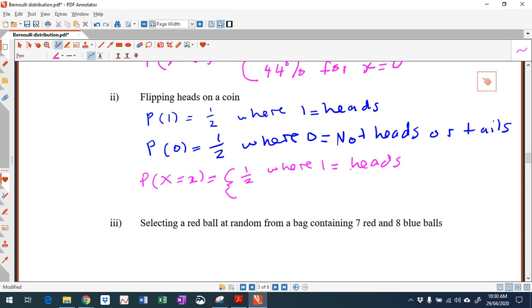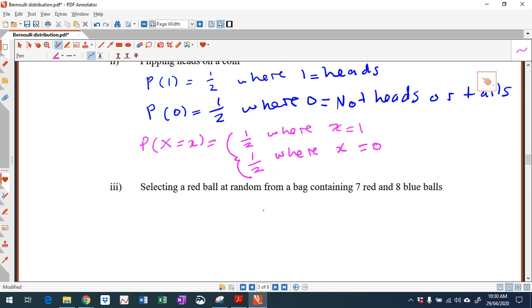Oops, that should be X equals 1, sorry. X equals 1, and the failure part is getting tails, and that's obviously X equals 0. Okay, let's fix up these brackets here. There we go. All right.